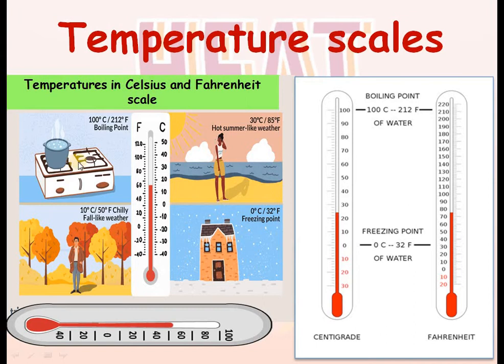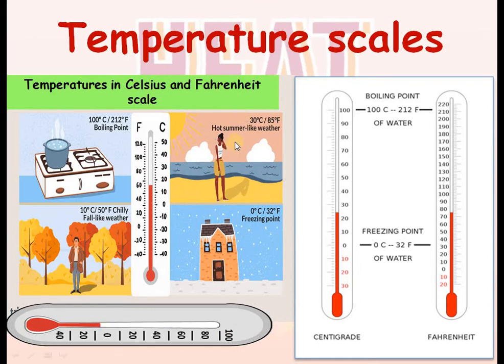Now suppose you want to express the temperature of boiling hot water in degrees Celsius, you are going to say 100 degrees Celsius. But if you are going to express the same temperature on Fahrenheit scale, then you are going to say 212 degrees Fahrenheit.